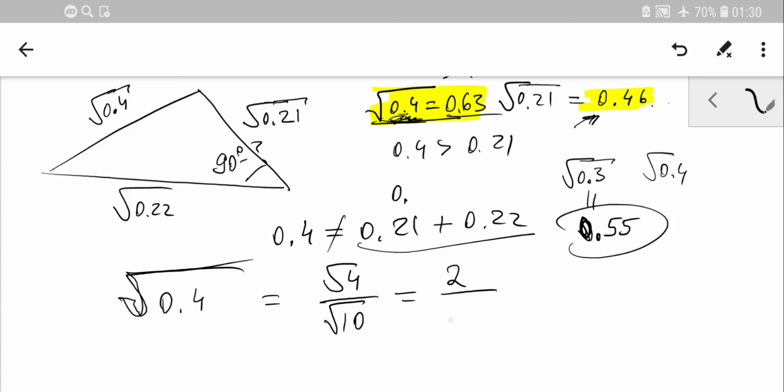Now we have square root of 10. So we can approximate, I mean, we can put a very close value that we know. Let's say square root of 9. Yes, it's very close to 10, and even if we estimate, this value is equal to 2 over 3.